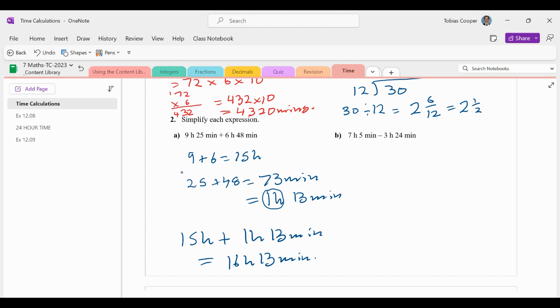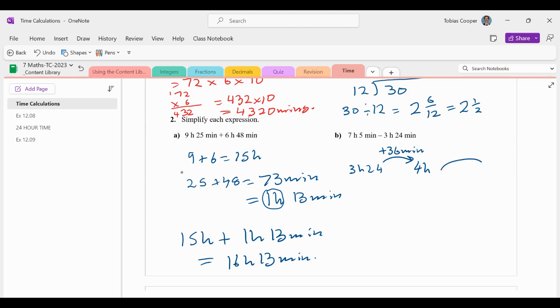Now, what about this one? 7 hours 5 minus 3 hours 24. One way of thinking about this is if I've got 3 hours 24 and I want to get to 7 hours and 5, first I figure out how many minutes I need to go to the next hour. That should be plus 36 minutes.